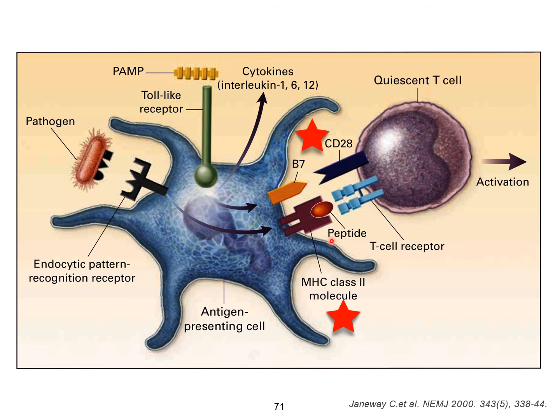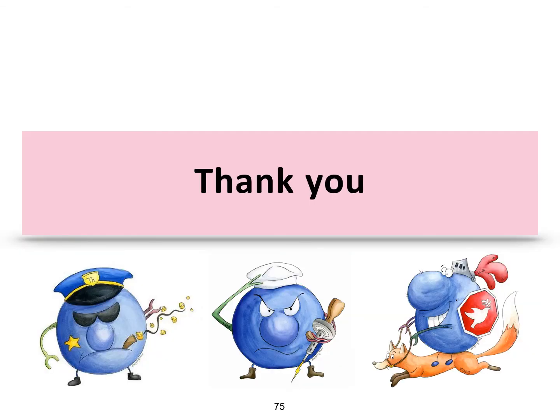These are the MHC, major histocompatibility complex, and this is the antigen presenting cell. So the antigen presenting cell takes part in both the innate and the adaptive immune responses. It can act in both systems. So that's all for today.